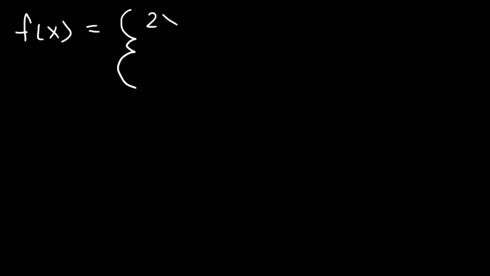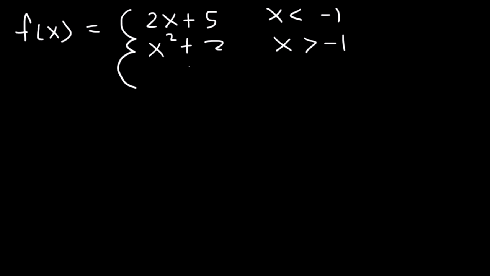Now let's work on some more examples. Here's another problem that you could try. Let's say that f of x is equal to 2x plus 5 when x is less than negative 1, and is equal to x squared plus 2 when x is greater than negative 1, and then it's equal to 5 when x is equal to negative 1.